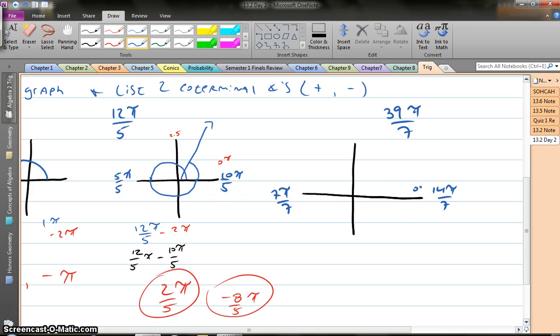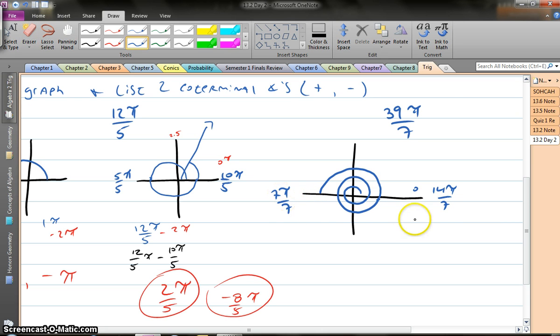So starting at 0, I go 14, 28. Now if I do another 14, that brings me to 42. So I don't want to go that far. So 28 and 7 gets me to 35. Okay, so here I'm at 35 pi over 7.